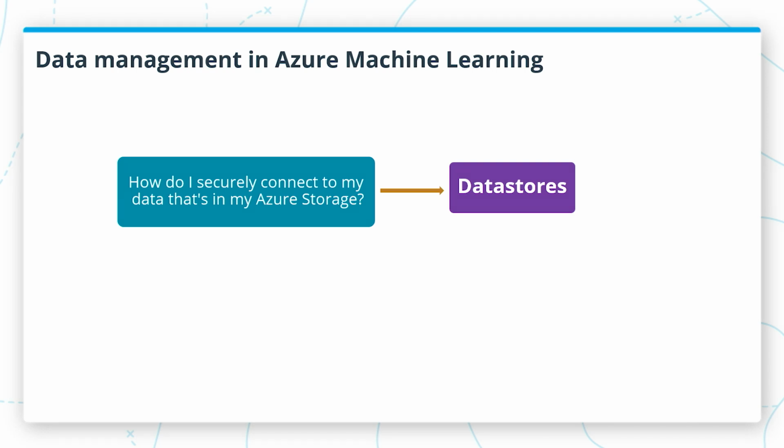It helps you to connect to the underlying storage by its name, so you don't need to use any of the information and secrets, like, for example, keys or passwords, that are usually needed to connect to data stores in standard processes. Another essential feature of the data stores is the compute location independence.